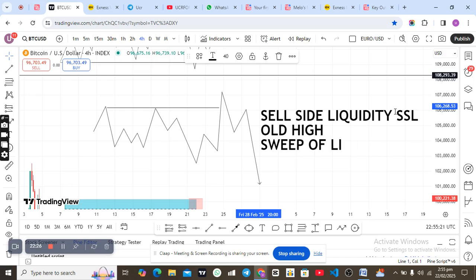Sorry about my spelling. Sweep of liquidity, or you can still call it stop hunt. So these are all the names they give to one thing.